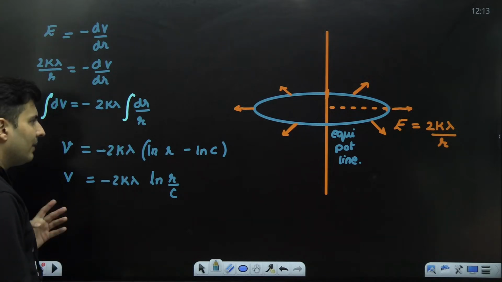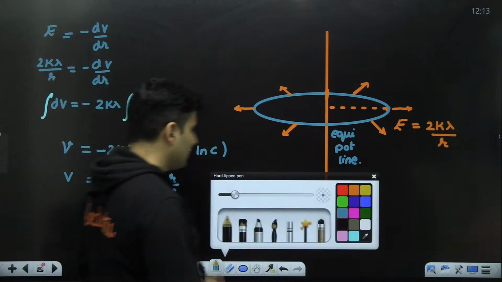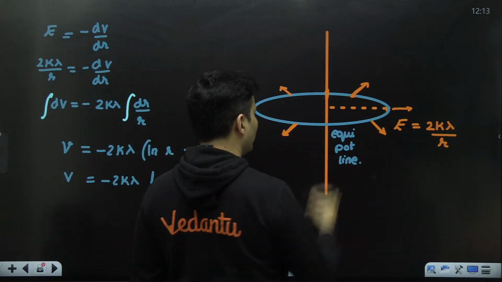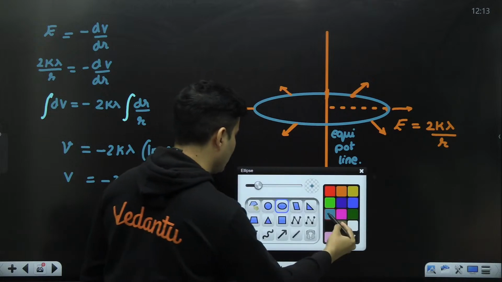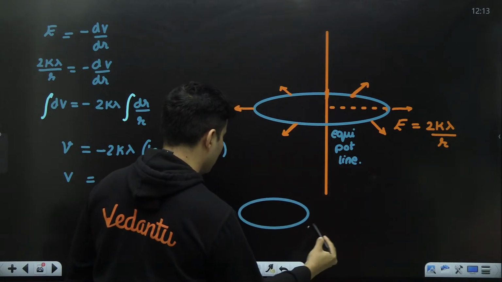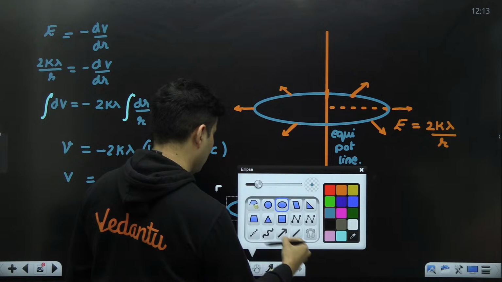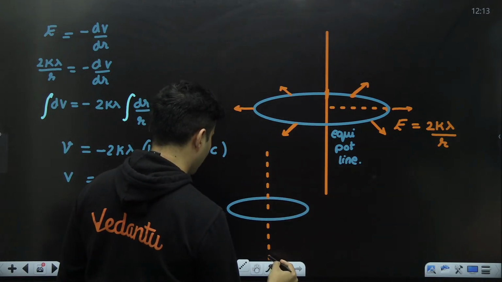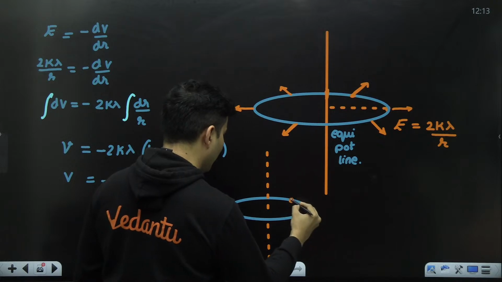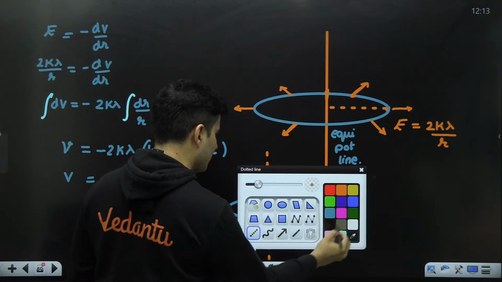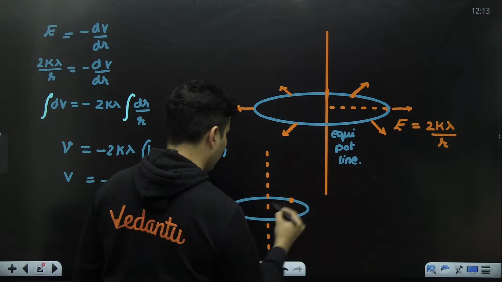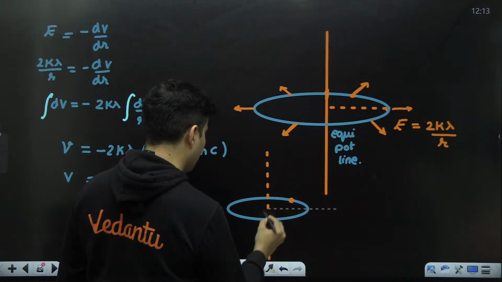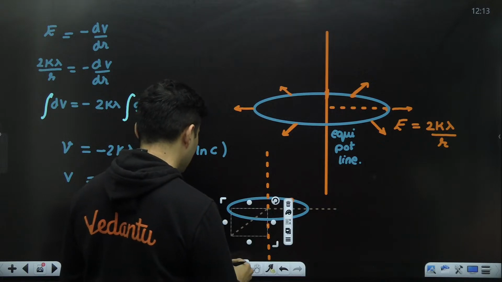Now, if that wire is on the y-axis, take any point over here. Just think logically. This is your y-axis, this is your x-axis and this is your z-axis.